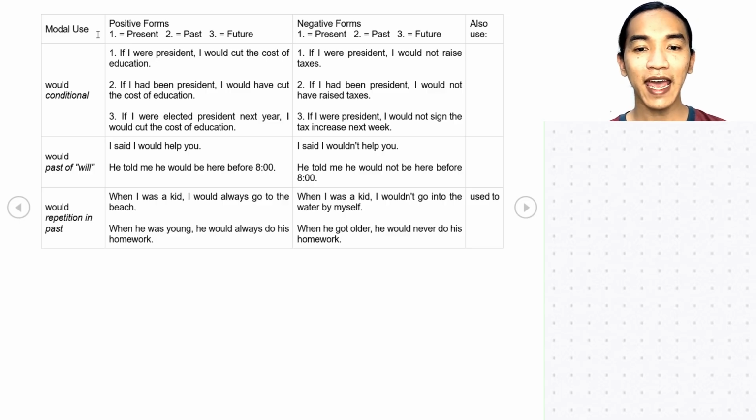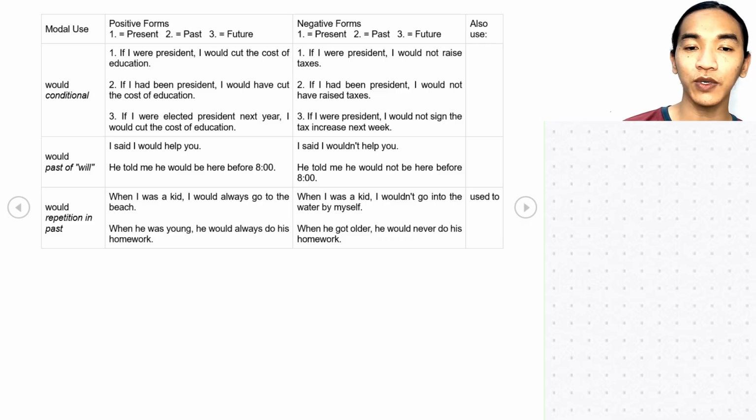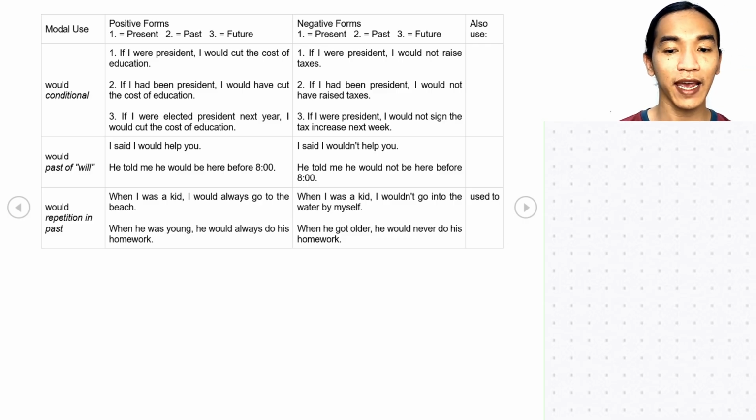Okay? And would for repetition in the past. So we have when I was a kid, I would always go to the beach. Or when he was young, he would always do his homework. Okay? So as you can see, all of this are actually in the past, and it actually tells something that was repeatedly done in the past.